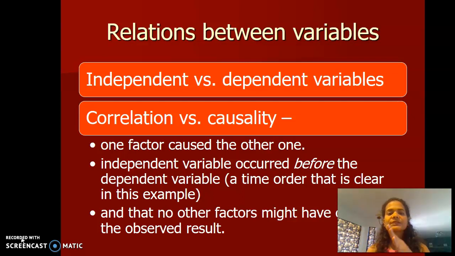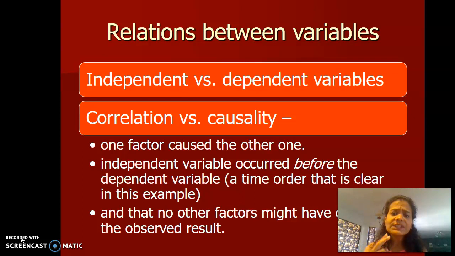When one variable is going up, the other one's going up. That's a direct correlation. It could also be that when one variable is going up, the other is going down, which is an inverse correlation. So an example of inverse correlation might be as levels of education go up, levels of religiosity go down, right?